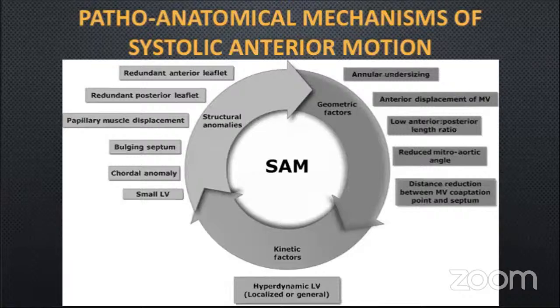The kinetic factors, as we all know, are the hyperdynamic left ventricle, either localized or generalized, which can also contribute to systolic anterior motion. The third unit, the structural anomalies, includes a redundant anterior leaflet, redundant posterior leaflet, papillary muscle displacement, bulging of the septum, chordal anomaly, or small left ventricular cavity.